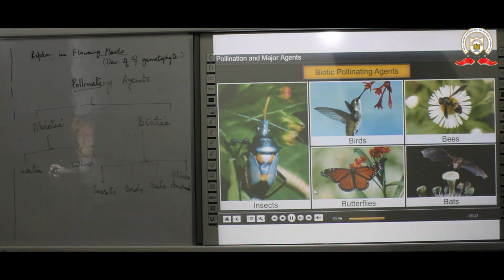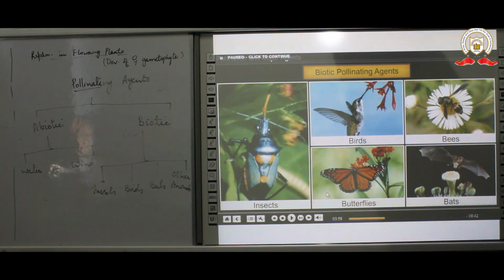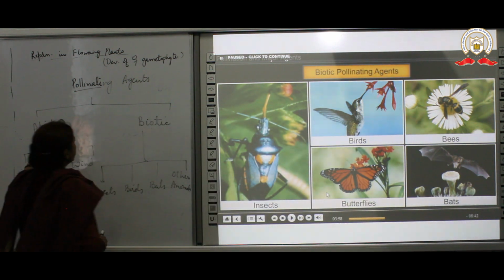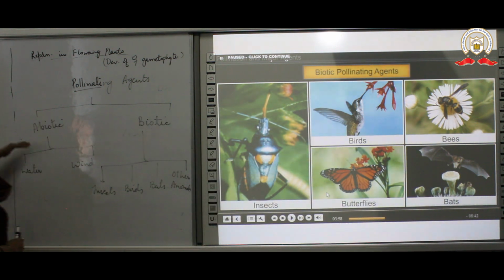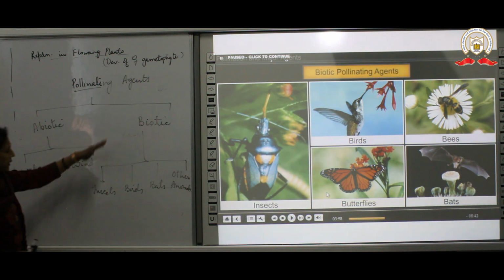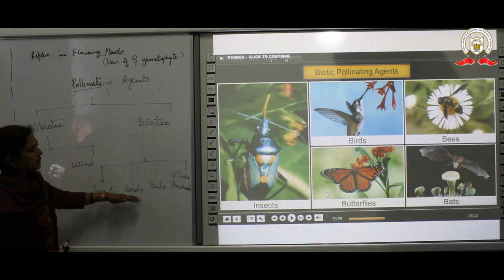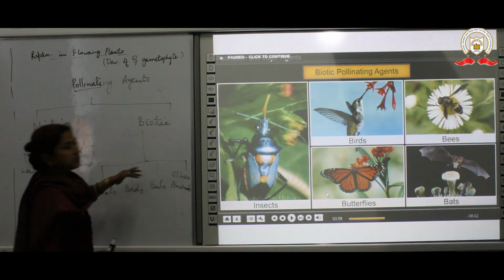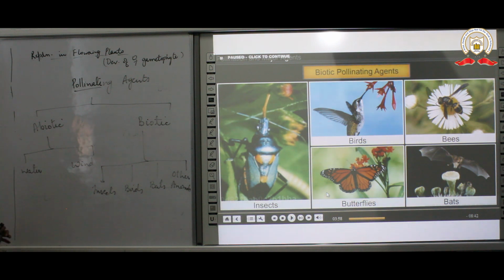Now, what are the various pollinating agents that are present? Pollinating agents can be of two types, abiotic and biotic. Abiotic is water and wind, and biotic can be different types of insects, birds, bats and some other animals which can also act as pollinating agents.